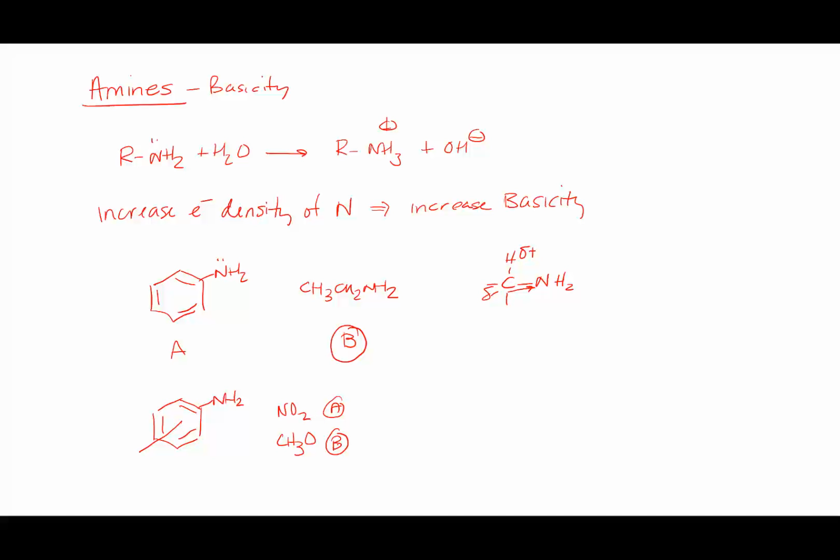Okay, so CH3O is what kind of group? It's an electron donating group because what kind of group is it when it comes to electrophilic aromatic substitution? It's activating. What about NO2? It's deactivating, which means it pulls electron density out of the ring, which will then pull electron density out of the nitrogen.